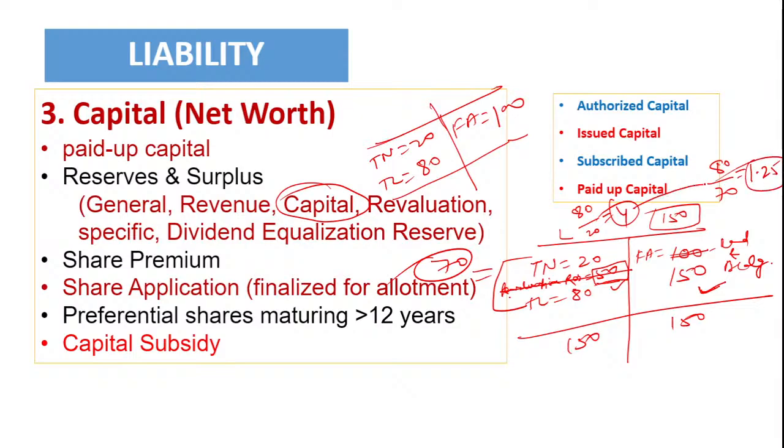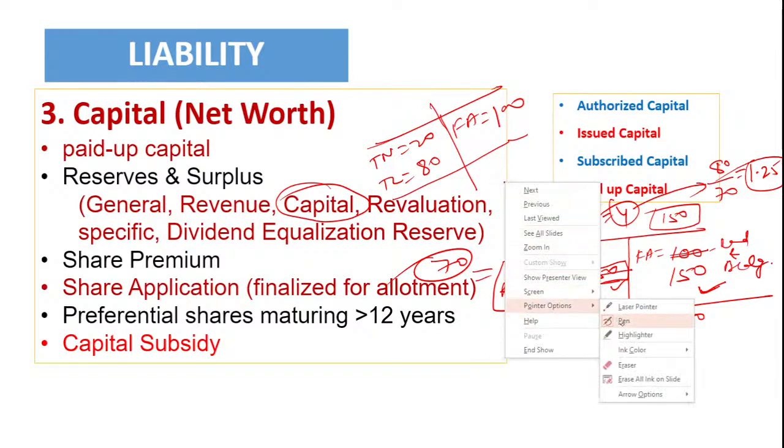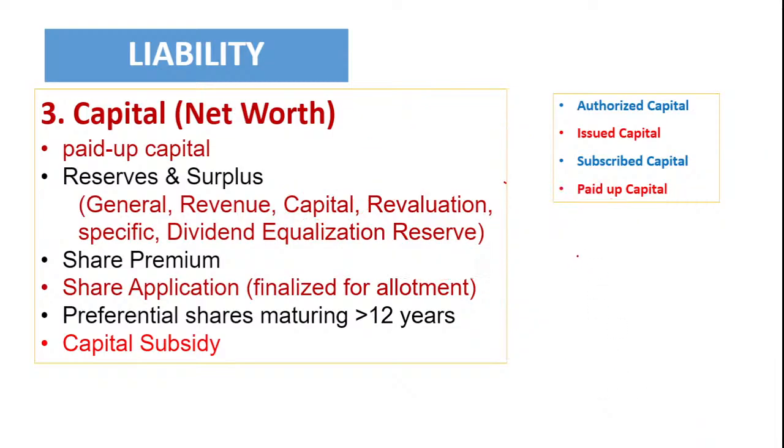So from 4 it has come down to 1.25. The company used to manipulate the leverage ratio, the D ratio, by inflating the value of the fixed asset. That's why, friends, fixed asset value should not be inflated, and at the same time revaluation reserve should not be on the liability side, if you want to know the actual financial standing of the company.